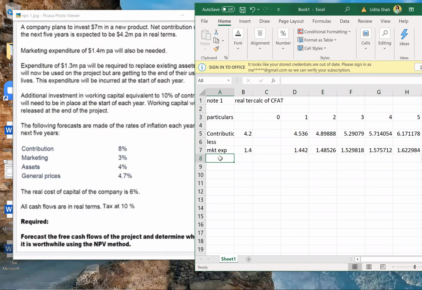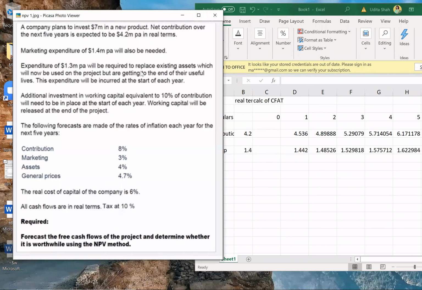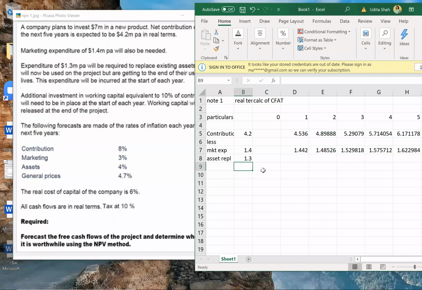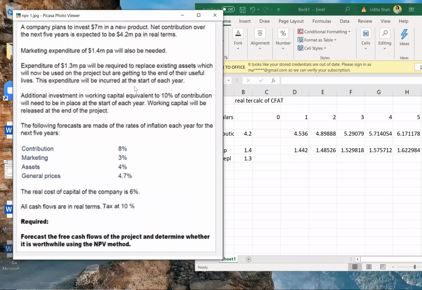Next. What is the next thing? Expenditure of 1.3 million will be required for asset replacement. So asset replacement expenditure. How much is that? 1.3 million. But now pay attention, guys. This 1.3 million, I want when? This expenditure will be incurred at the start of each year.